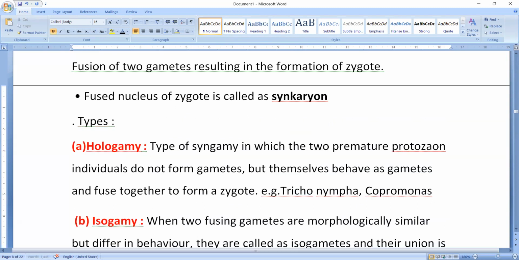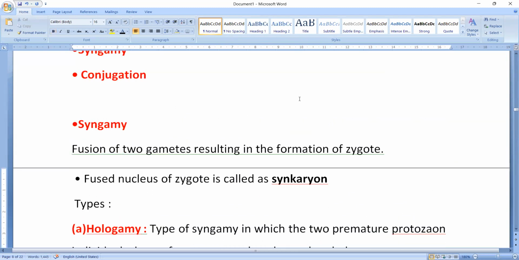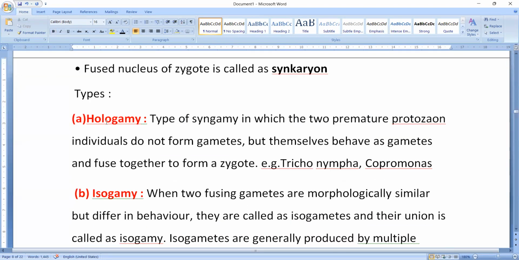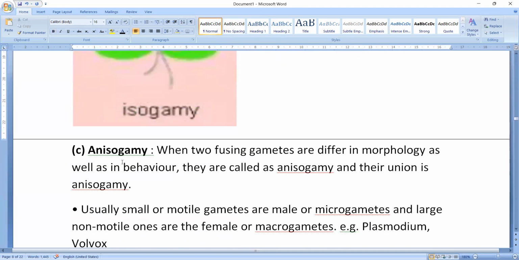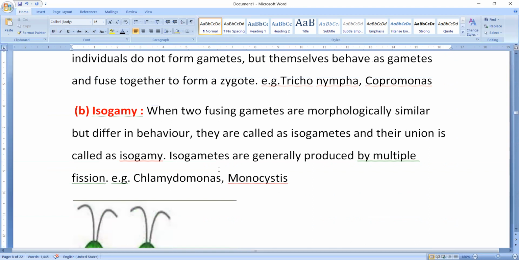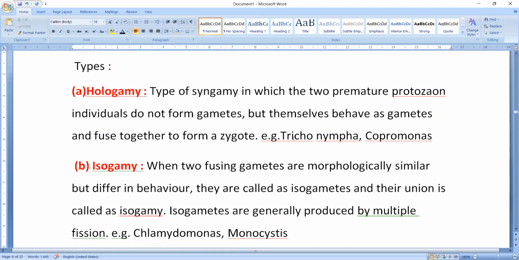Okay, so types of syngamy. Here there are three types. So hologamy, isogamy, and anisogamy. So what is hologamy? అంటే ఏంటి అంటే ఇక్కడ ఇవన్నీ యూనిసెల్యులర్ ఆర్గానిజమ్స్ కాబట్టి జనరల్ గా they may produce gametes.